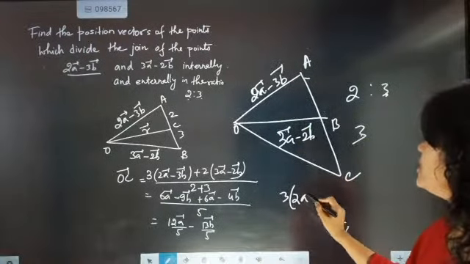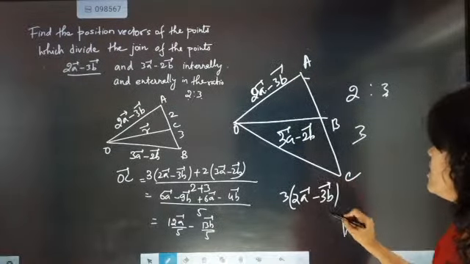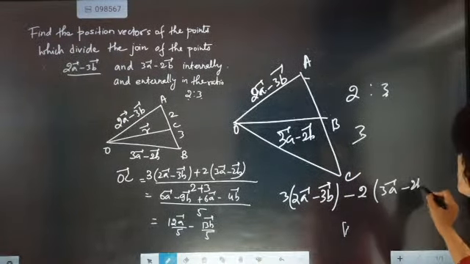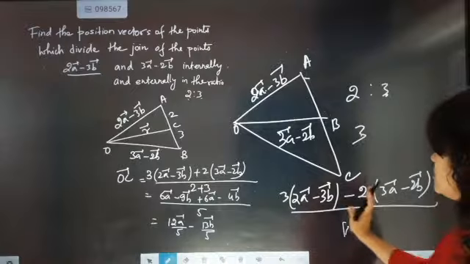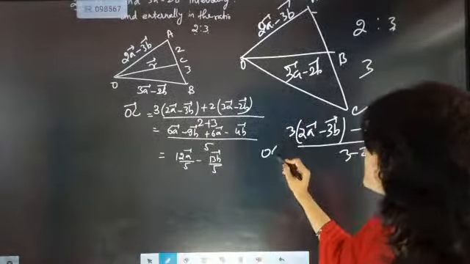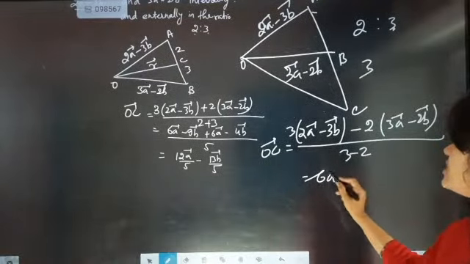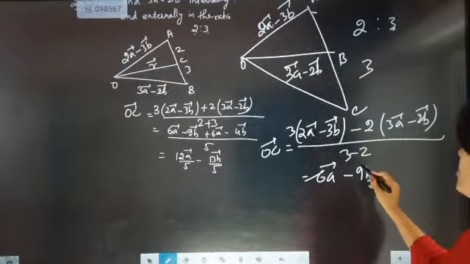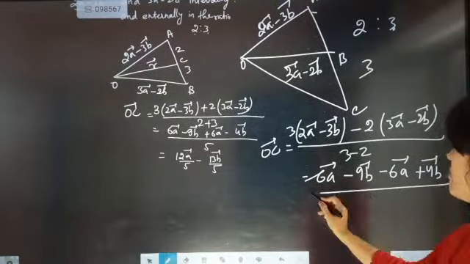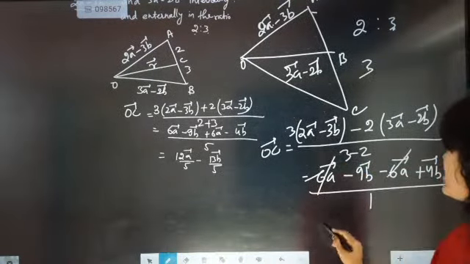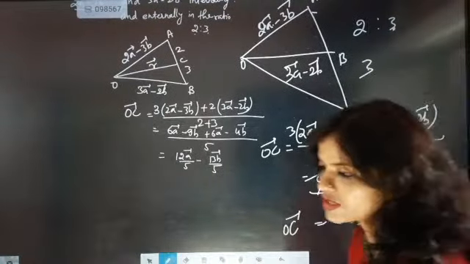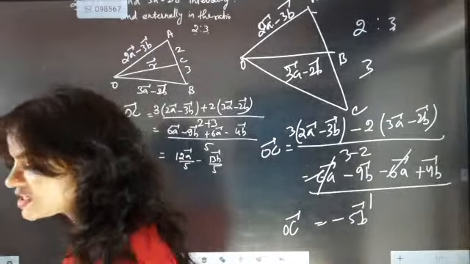So it will become 3 times 2a vector minus 3b vector and minus 2 times 3a vector minus 2b vector by 3 minus 2, and this will become OC vector. So it will become 6a vector minus 9b vector minus 6a vector plus 4b vector by 1. So 6a vector, 6a vector went, so only minus 5b vector. OC vector will be coming as minus 5b vector. Did you get minus 5b vector?